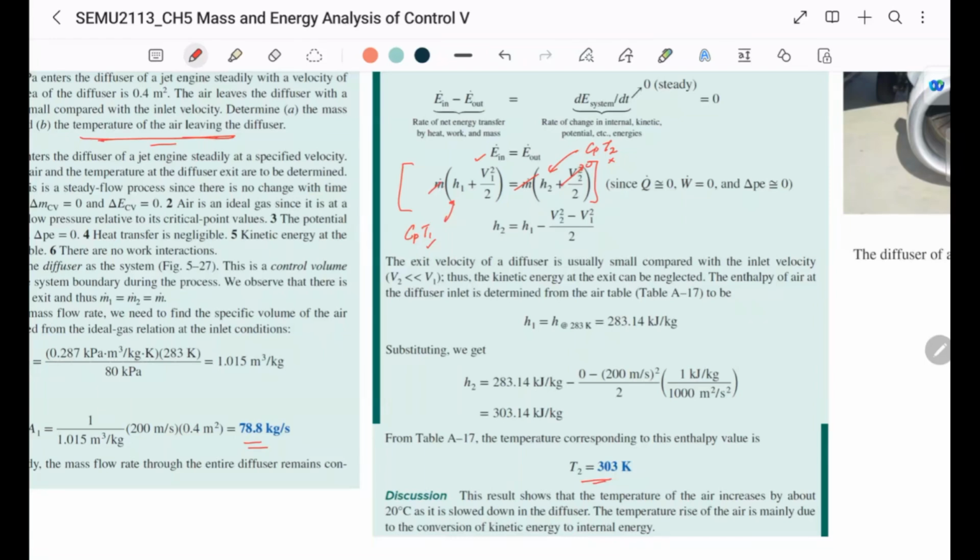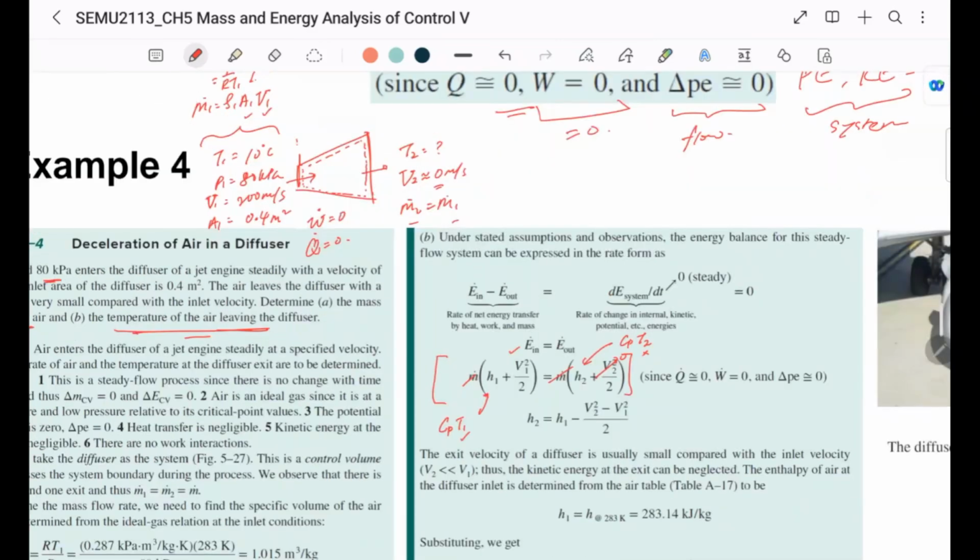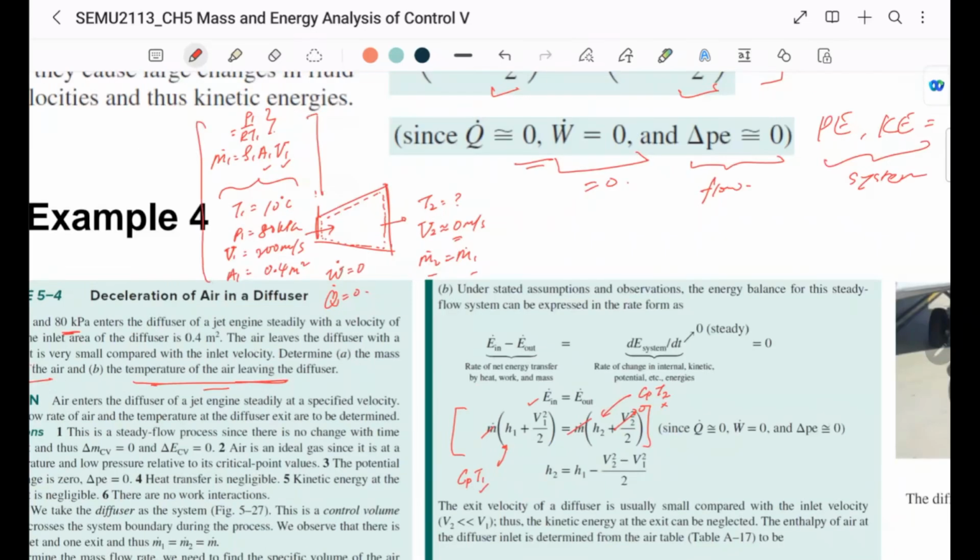If it's a nozzle, it's pretty much the same way as well. So you can see the pattern is always you find out the state at one side first, and then you relate the second state using the energy balance equation most of the time.